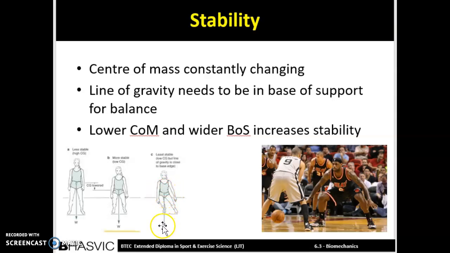So that means their line of gravity is constantly moving. And looking at this diagram here, since they're leaning, their line of gravity is getting outside of their base of support, and when that happens, that means that they will fall over.